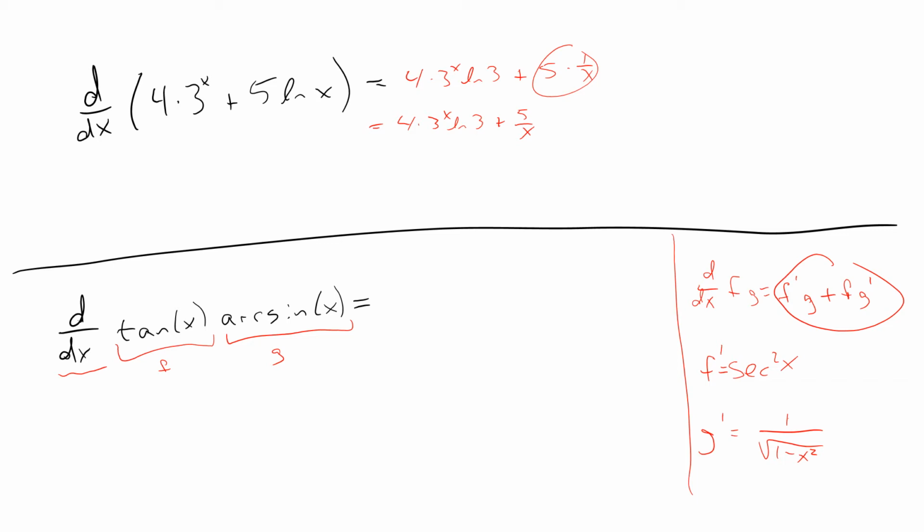So I have f prime, that's secant squared x, times g, times arc sine of x, plus f, that's the tangent function, times g prime, that's 1 over the square root of 1 minus x squared.